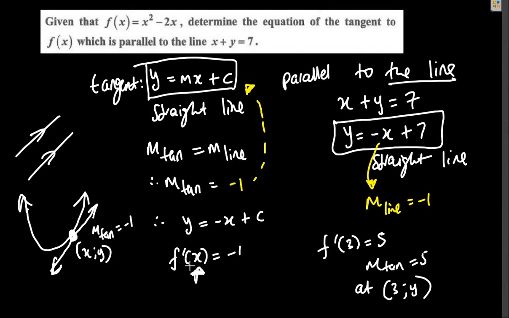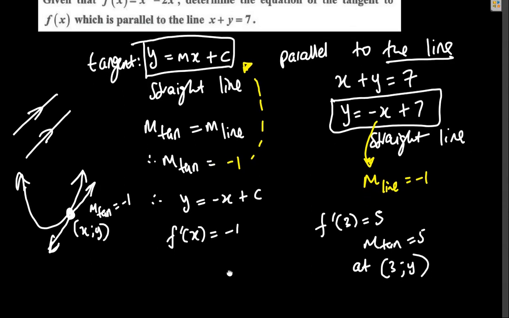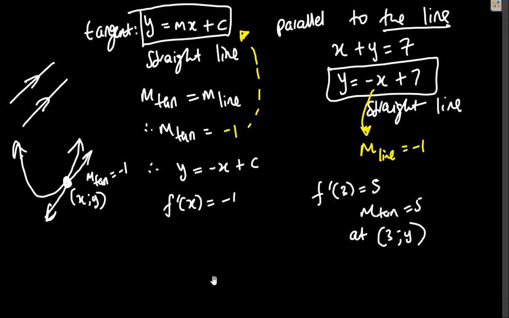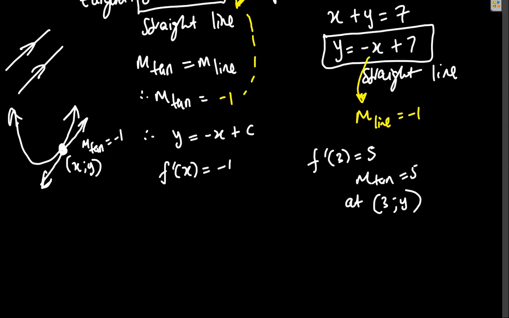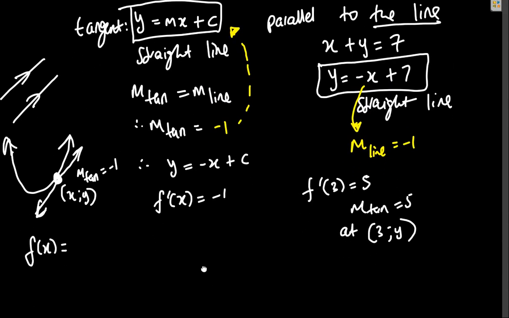So what does it mean? We need to find the derivative of f. Then we can solve for that x value. Okay? We need to find the derivative of f, then we can solve for that x value. So now let's find the derivative of f and then solve for that x value. So we know that f at x, I'm just going to write it here. Our f at x is equal to, let's see, it's x squared minus 2x, right?